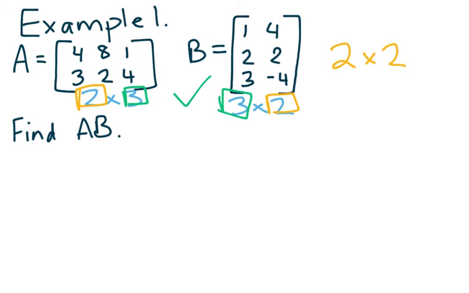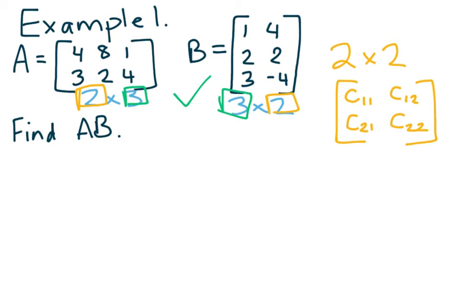And I know that the order of my answer is going to be a square matrix that is 2 by 2. So when you're first practicing, you can write your little 2 by 2 matrix here, and you can write down, like they did in the last one, C11, C12, C21, and C22. And then we can work out how we achieve those.